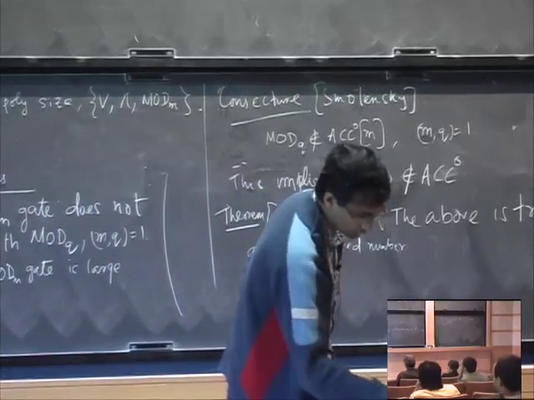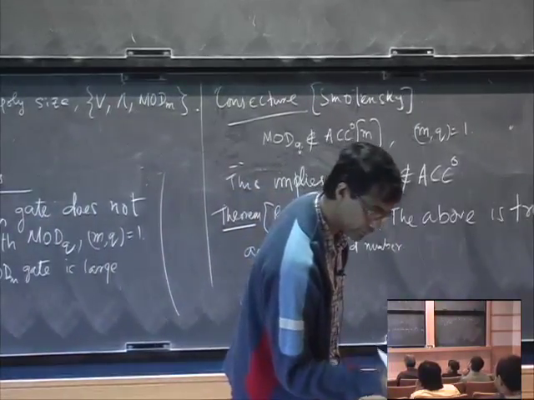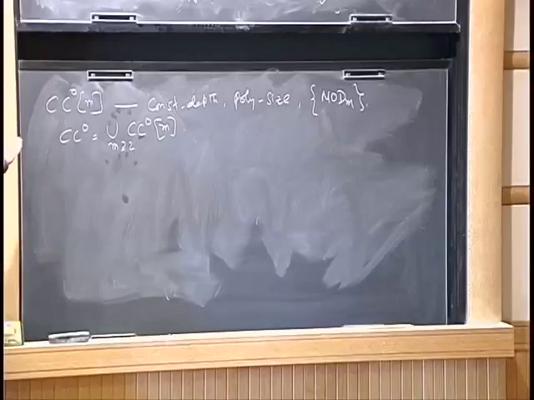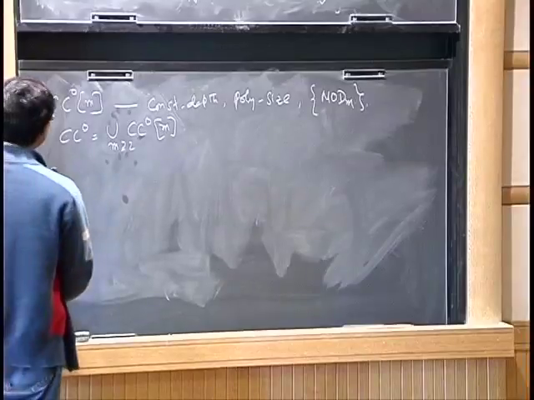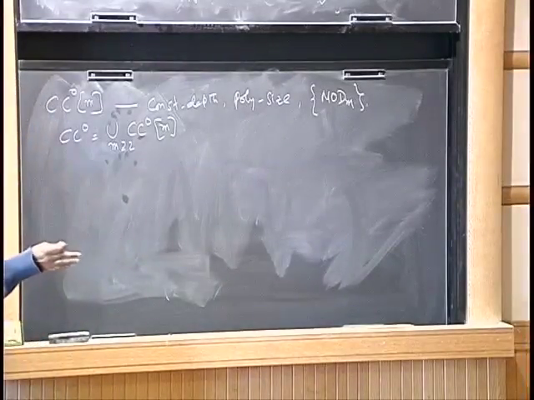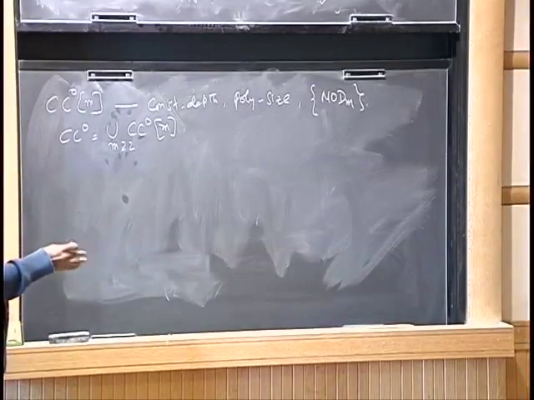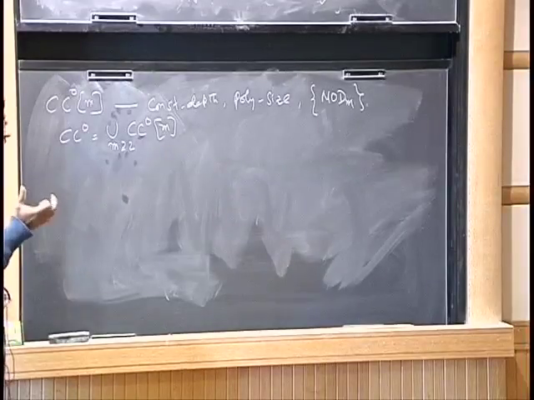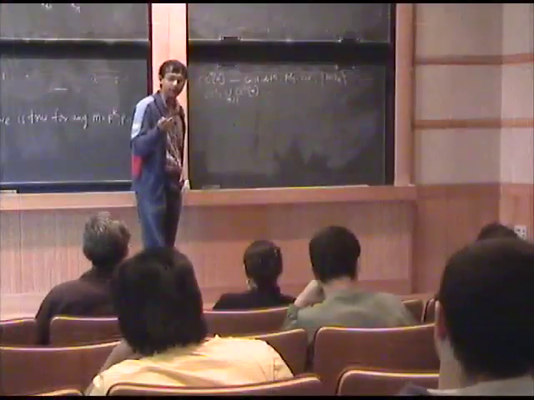All right. Where are we? Let me briefly mention the conjecture that we have for this. A good question is obviously, what can MODm gates do? We don't know of any non-trivial computation using MODm gates. So it's not clear why this is hard. Why going from primes to a non-prime?